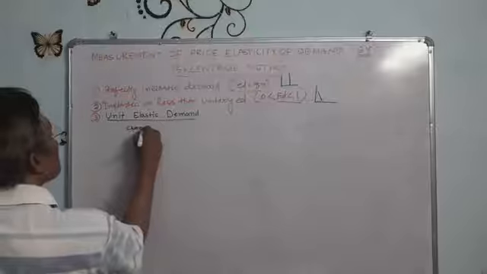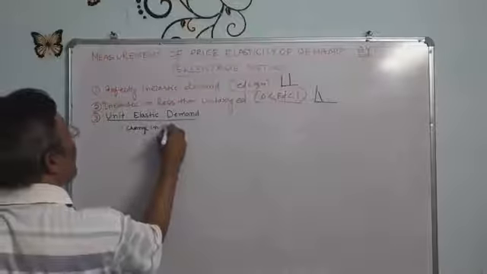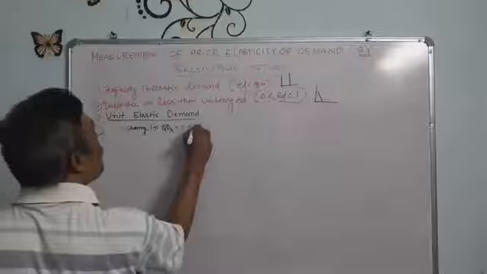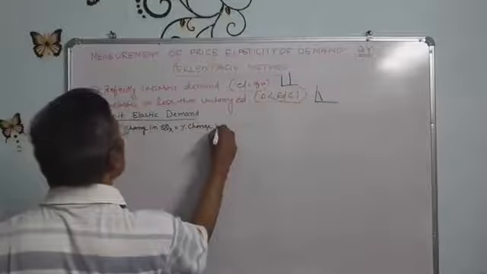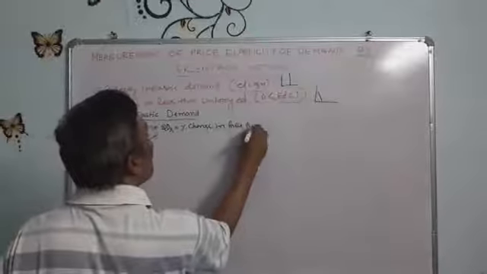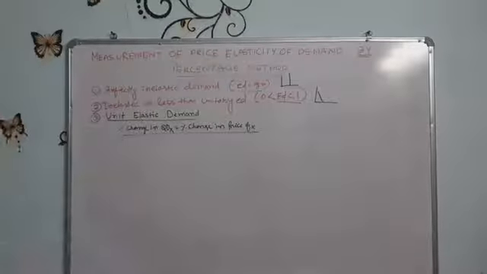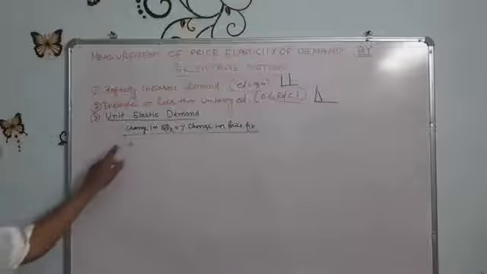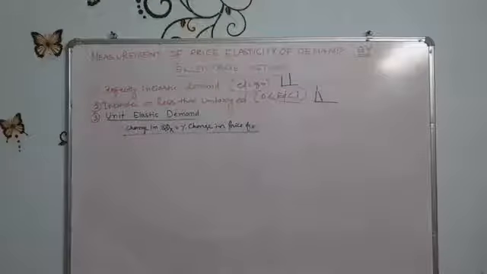Percentage change in quantity demanded of X goods equals percentage change in price of X goods. Whatever the percentage of price change, the percentage change in quantity demanded is the same. So that is called unitary elasticity of demand or unit elasticity of demand.